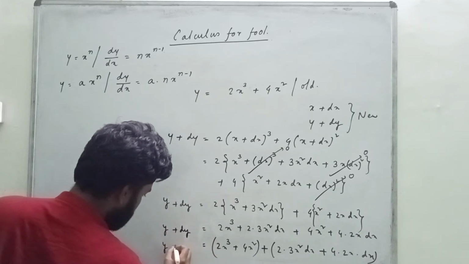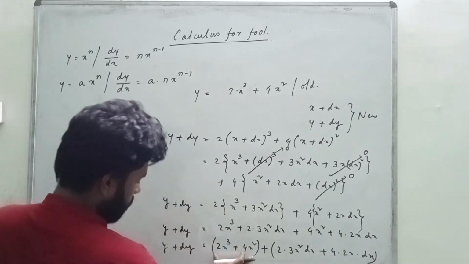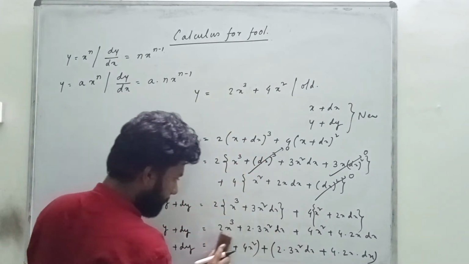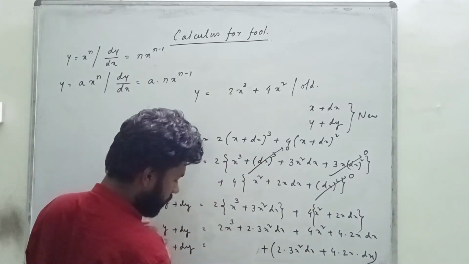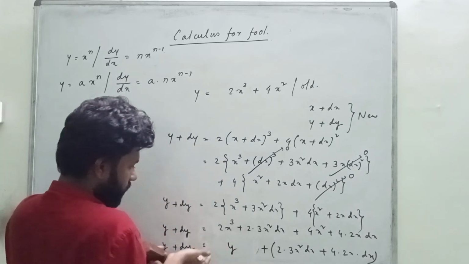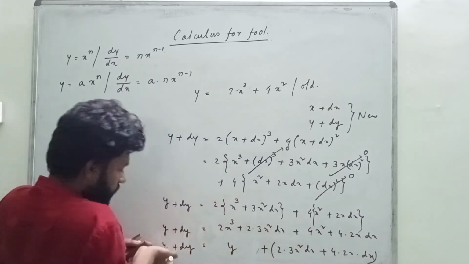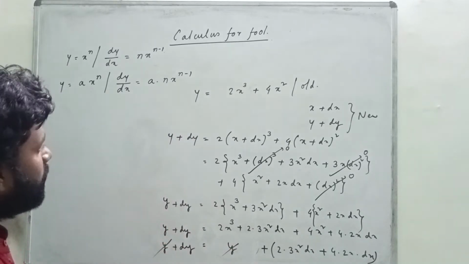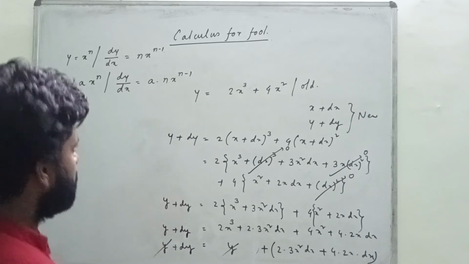So obviously it is y, because our old relationship is the y. Okay? So you can cancel out. Here the RHS part is y and the LHS here is y. So you can cancel out. So now what is dy actually?